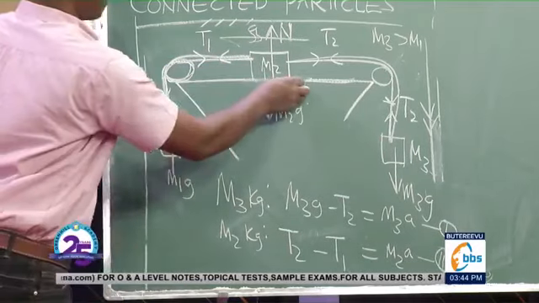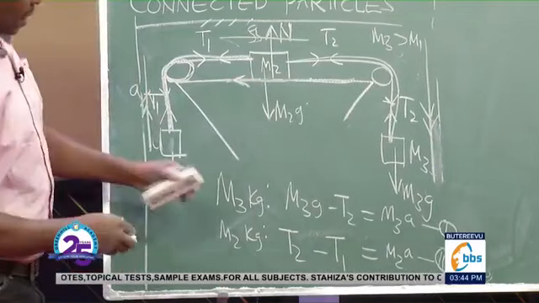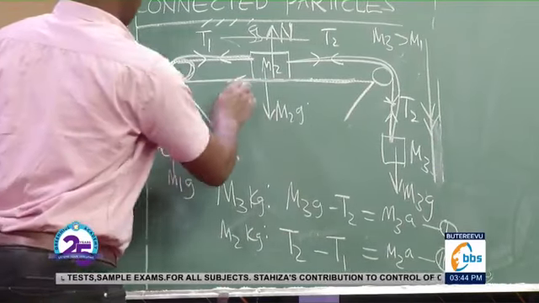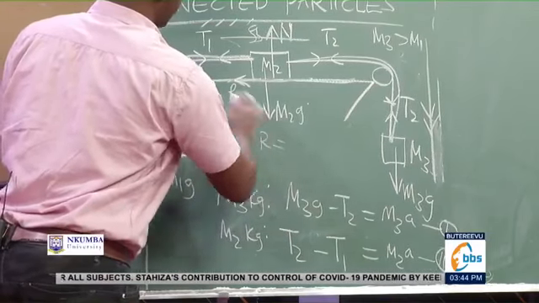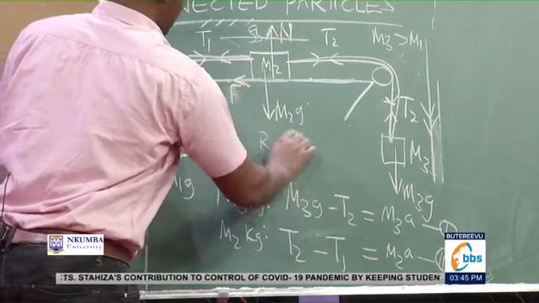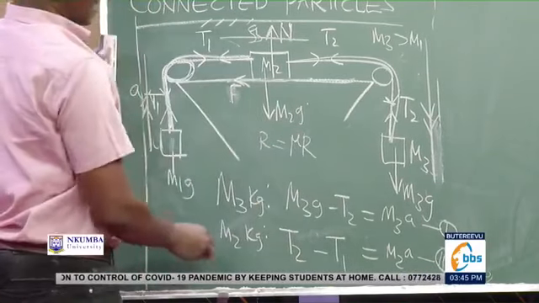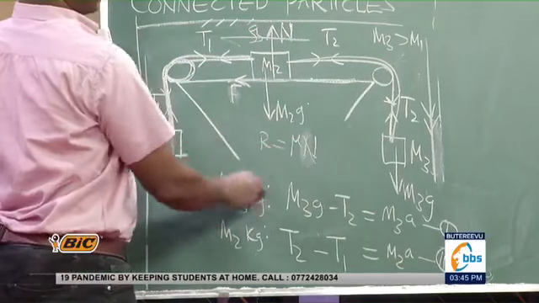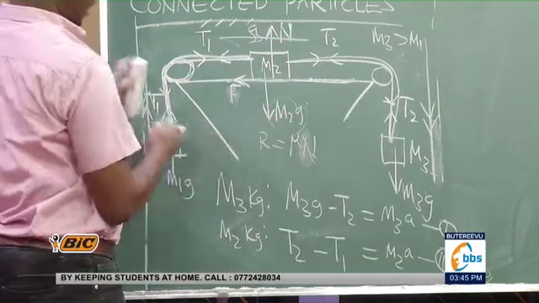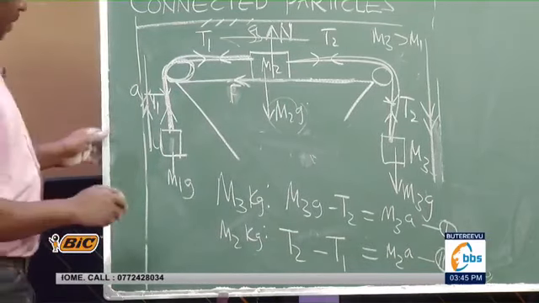If it is rough, there will be a frictional resistance here, which is normally given as the coefficient of friction times the normal reaction. And in equilibrium, this reaction, which I've called N, is directly equal to the weight at that point. That is another scenario.